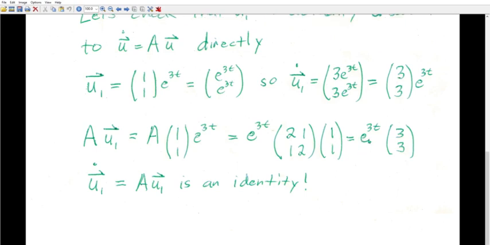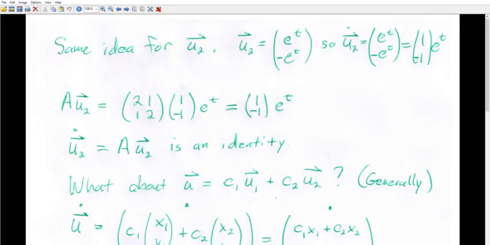So we're getting e to the 3t times the vector (3, 3). And if you notice, that's exactly equal to u1 dot. So what we've got is u1 dot equals Au1. That's an identity. And that means you have a solution to the differential equations, because substituting in u1 produces an identity.